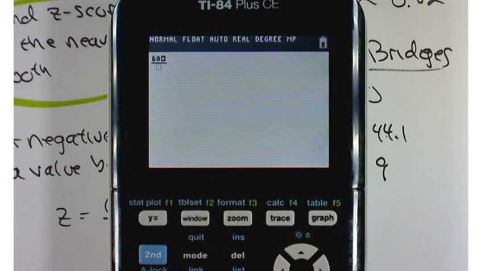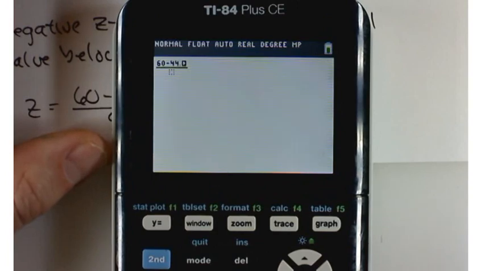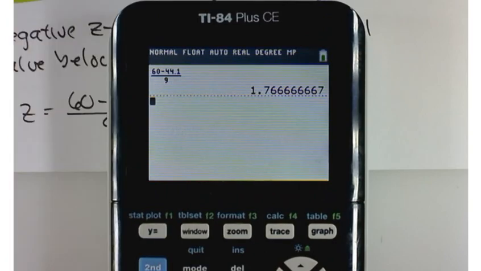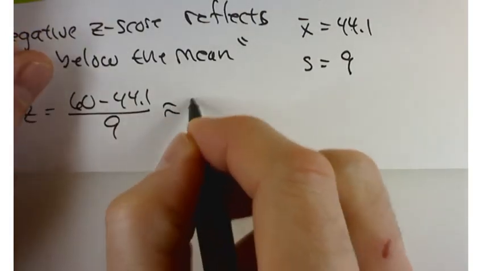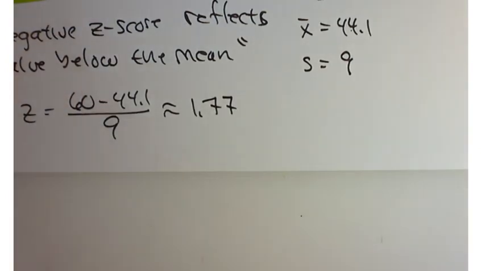So 60 minus 44.1 divided by 9. Where am I going to round that to? What's the correct z value? Yeah, 1.77. So about 1.77 for the z value there.